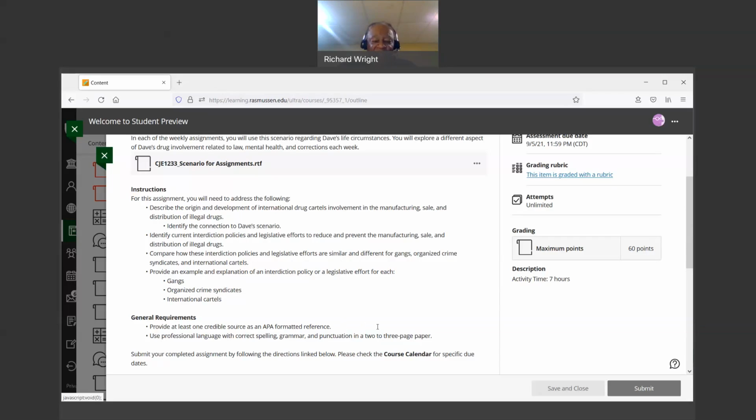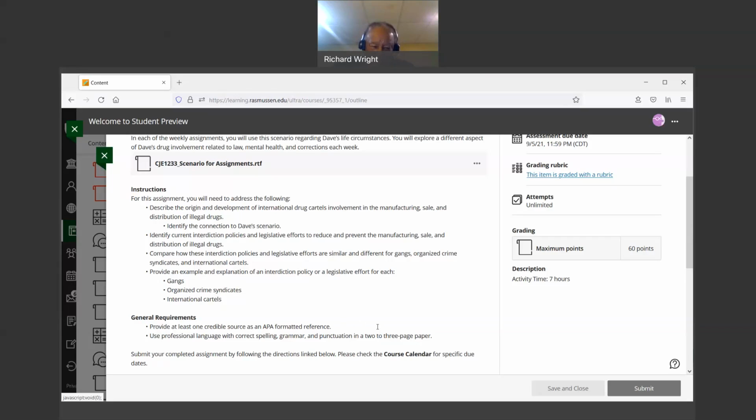I'm going to tell you up front, it would be wise for you to provide credible sources throughout the paper, not just one, because you're going to be writing a 2-page paper minimum. You will lose points if you get 1.5 pages or 1 3/4 pages.